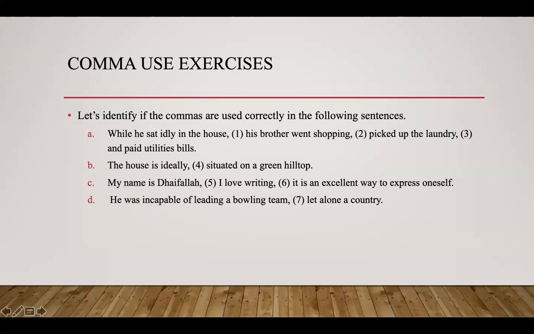Letter D. He was incapable of leading a bowling team, comma, let alone a country. That's number 7. Now, is this a correct placement of the comma number 7? It is correct.